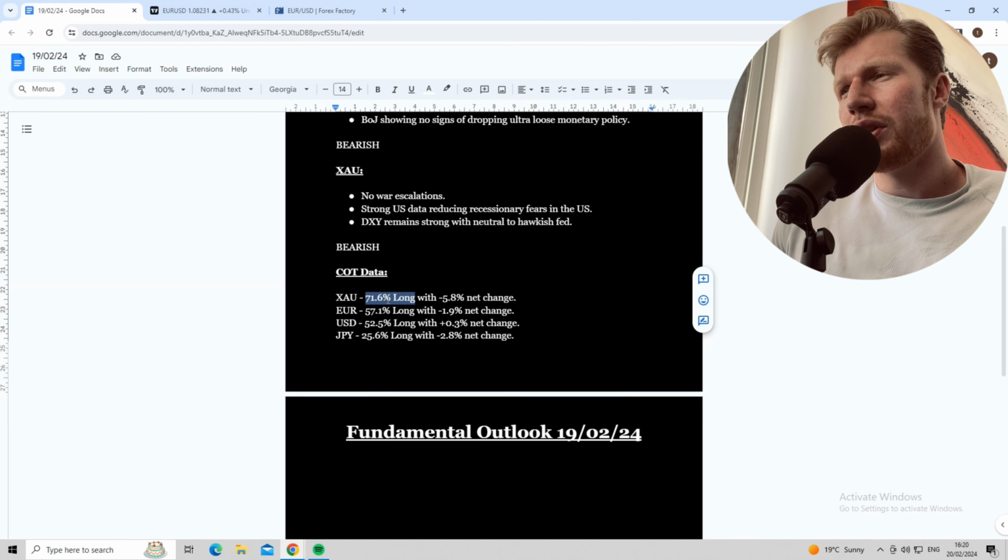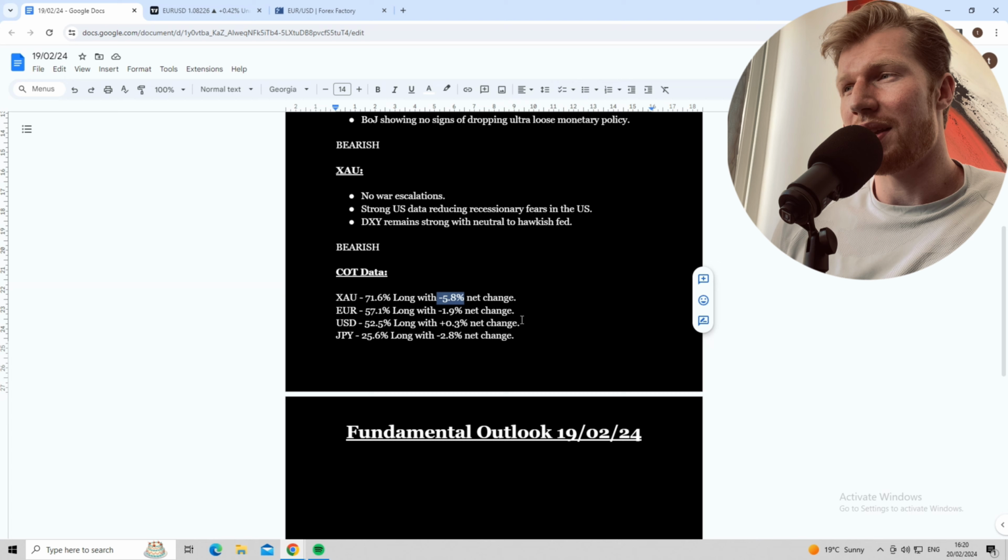And the way I internalize this is, okay, longer term, we might have a lot of players that are long. But in the medium to short term, we could have some bias shifts. And this is why I'm using this. I'm going to be trying to play off this minus 5.8% net change and to look for some medium term shorts on gold.